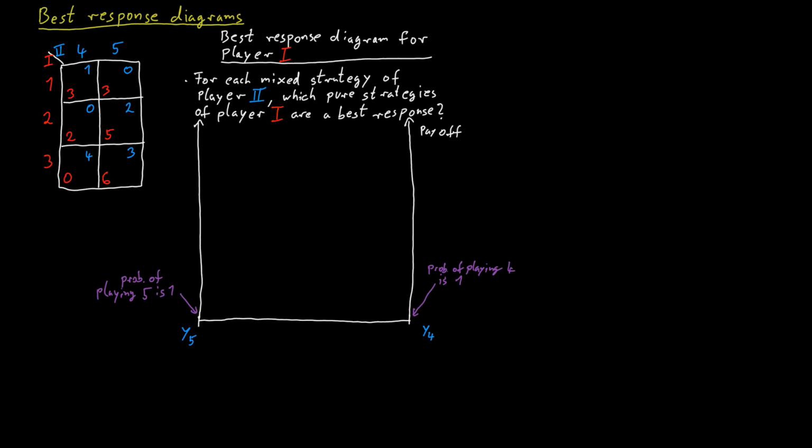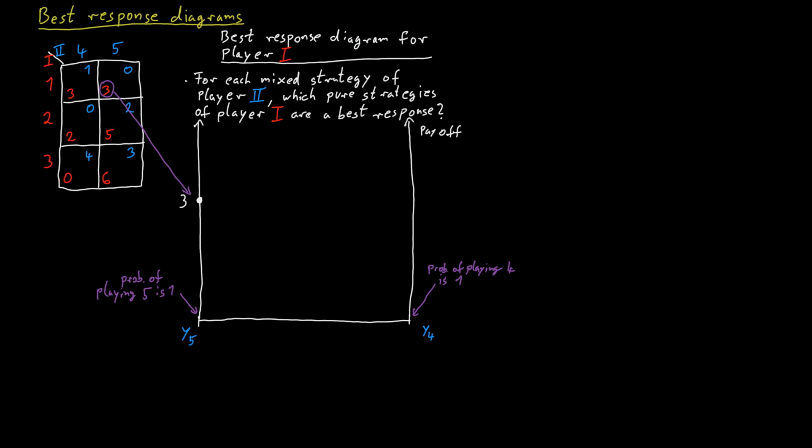If the second player plays strategy 5 with a probability of 1, what is the expected payoff for player 1? Well, the payoff matrix of the game tells us the expected payoff is 3. What about the other side?